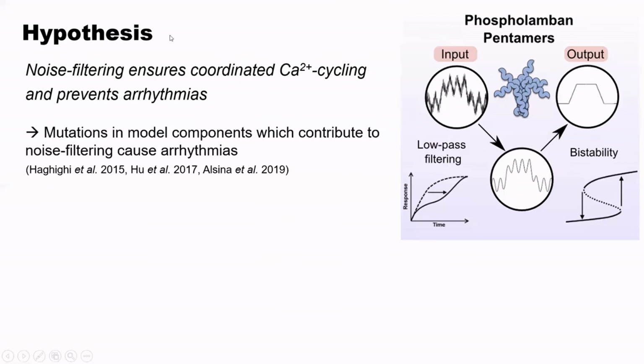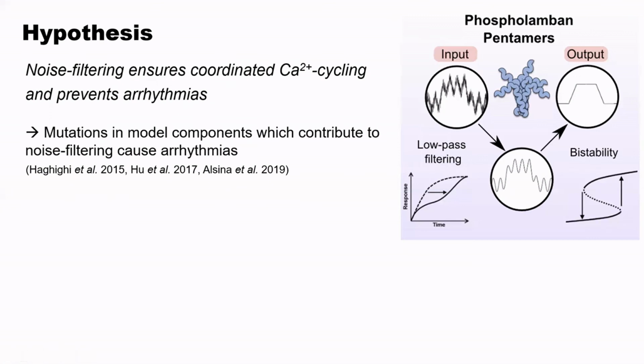There is also some more evidence for this idea, because it's known that mutations in other model components, which also contribute to this low-pass filtering or noise filtering behavior, actually do cause cardiac arrhythmias.